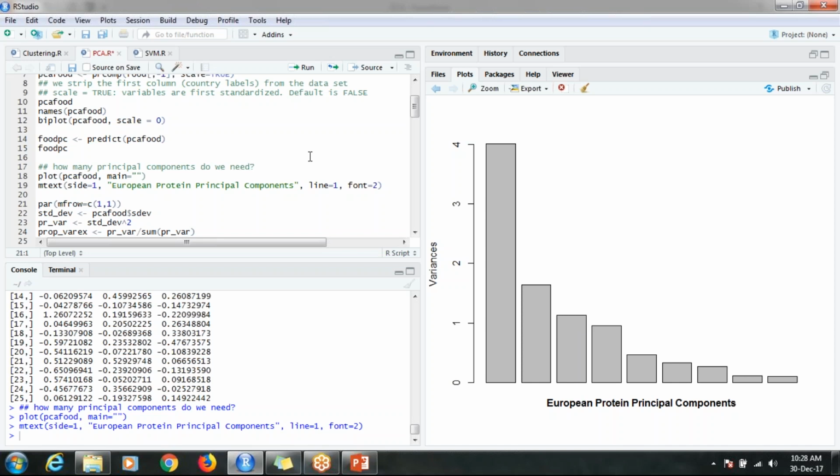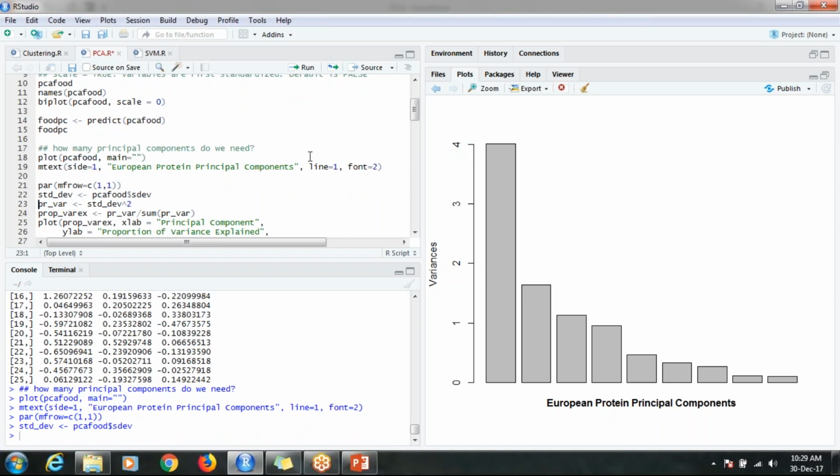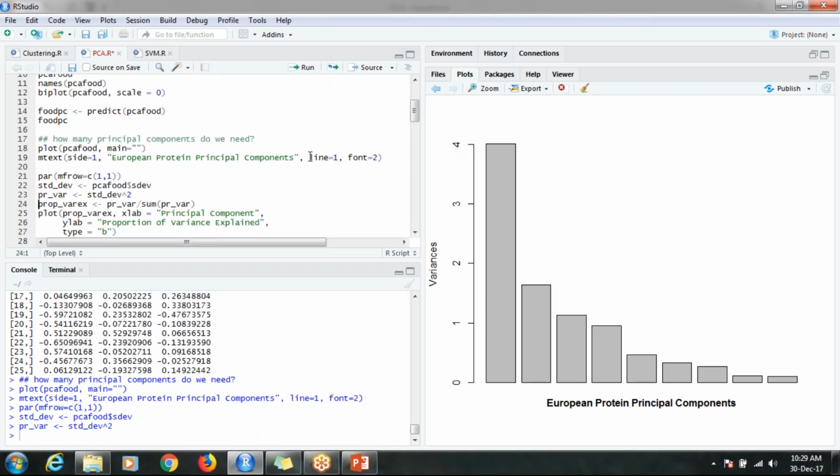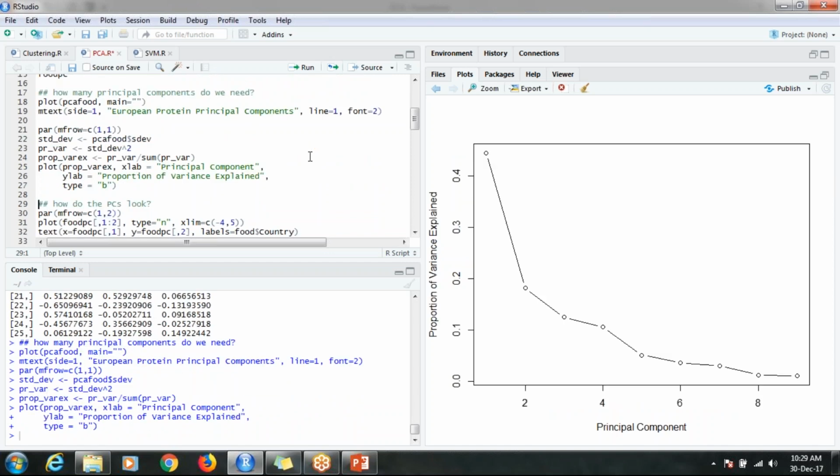Now if I make a cumulative plot to explain: here I have the proportion of variance explained for my first component, then second, third, fourth, and fifth.